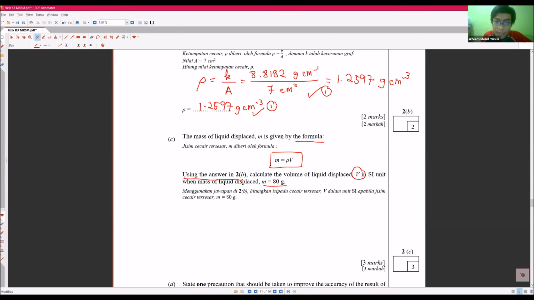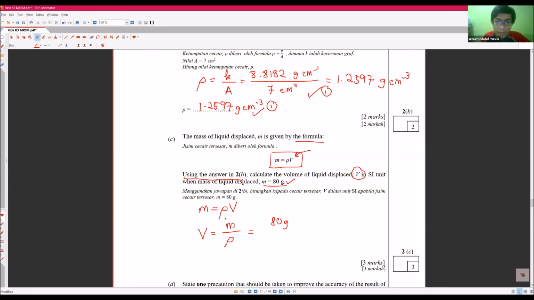The first question is, is it necessary to rearrange the formula? So we need V here. This side is not the subject of the formula. So yes, we need to rearrange it. So m equals rho times V. To make V the subject, rho must be divided. V equals m divided by rho. And then we can plug in all the values given. So m is given as 80 gram.